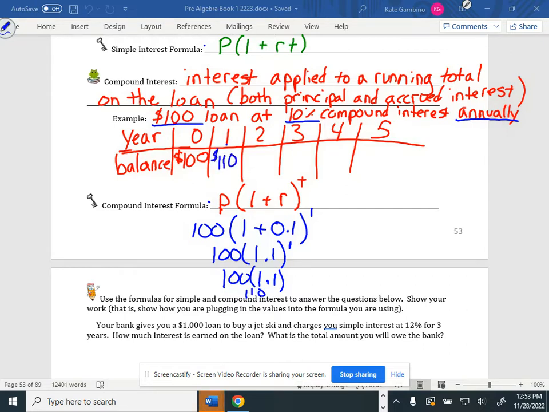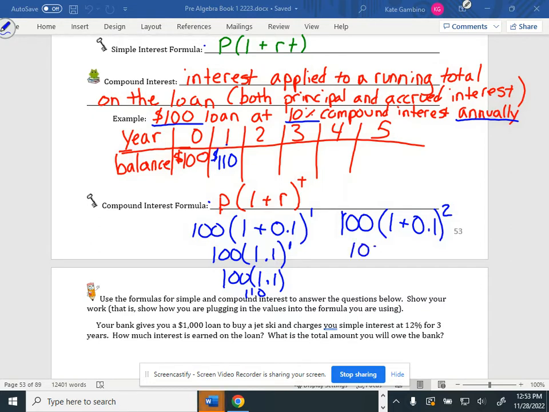But now is where the tricky part comes in. Now we're going to do that principal is 100, because our principal is always the starting amount, 100. 1 plus our rate, 0.1. What changes? The power. Because my time now is at 2 years.